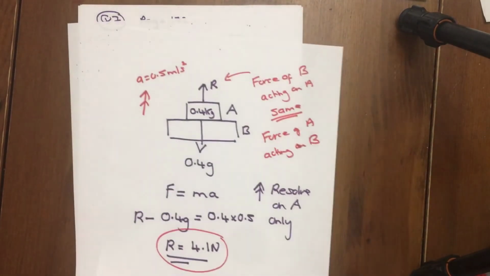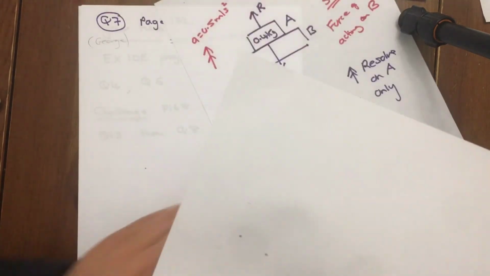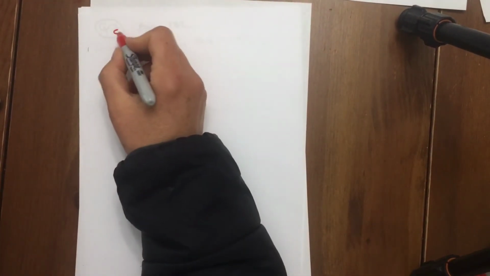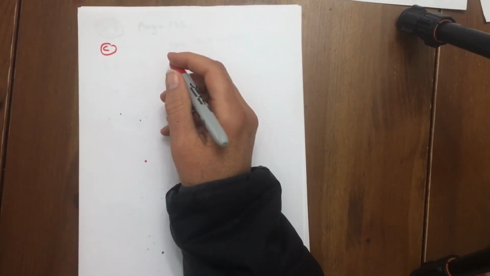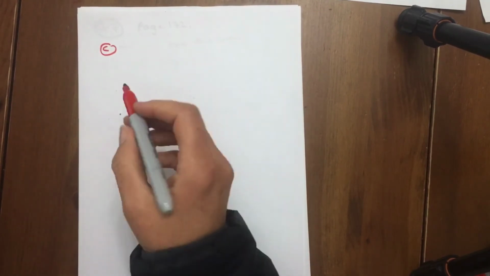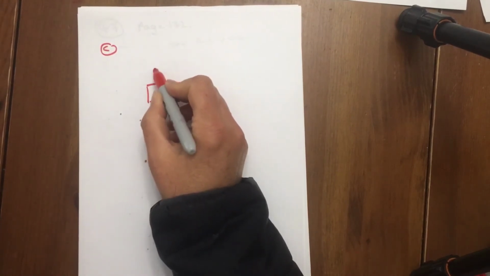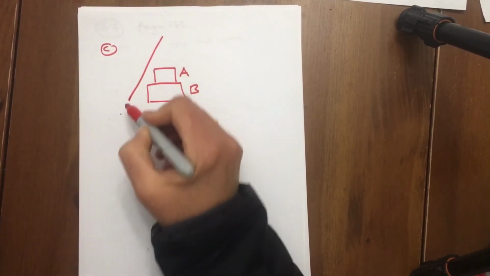Okay, so part C. Part C asks to find the force exerted on mass B by the scale pan. So let's look at what's happening here with B, A, and we've got our scale pan here.